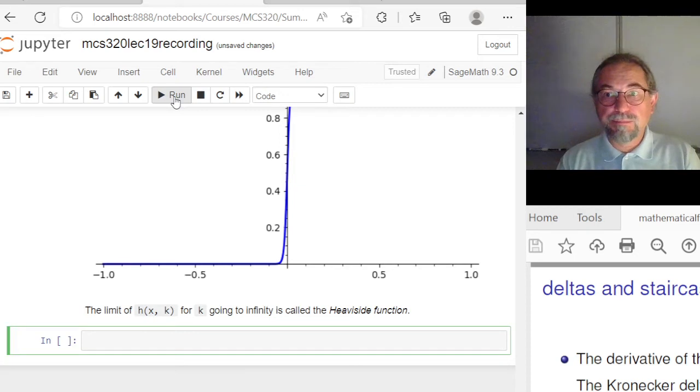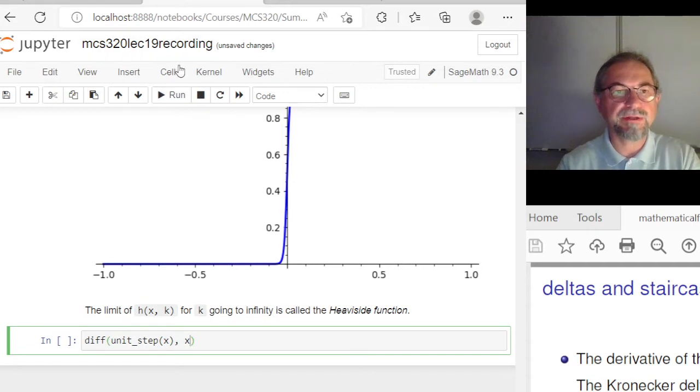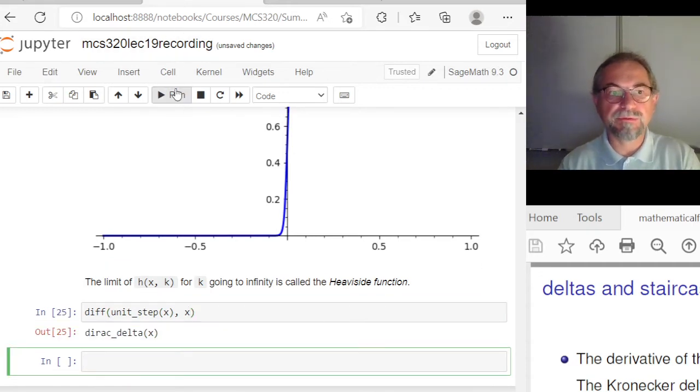Another important stepwise or discontinuous function is the Dirac delta function. So if I take the derivative, here is another way to take the derivative, but don't worry, we will still have an entire lecture on differentiation.